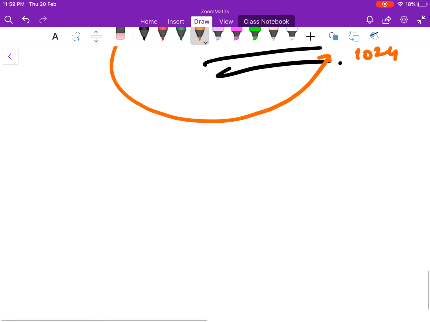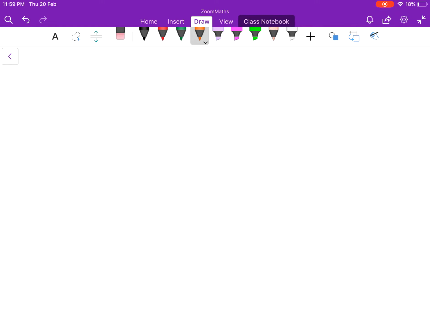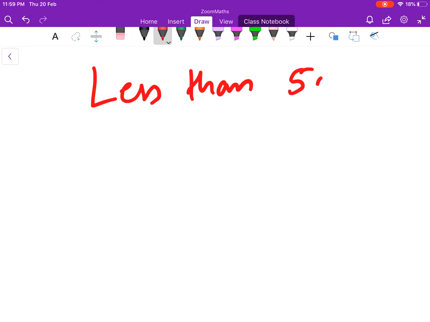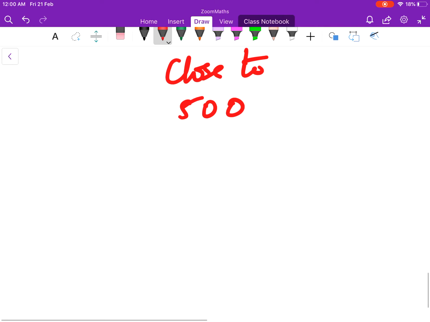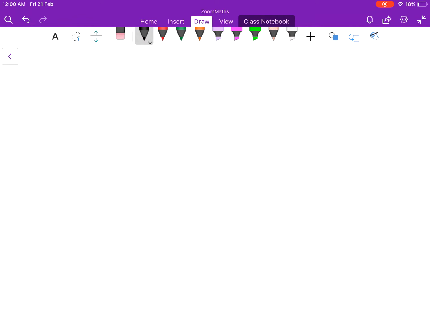Now let's look at squares of numbers less than 500 but close to 500. If it's away from 500, I've recorded another video that shows how to square a 3-digit number, but for numbers close to 500, this is the easiest way of doing it. Let's take the first number, 498 square.